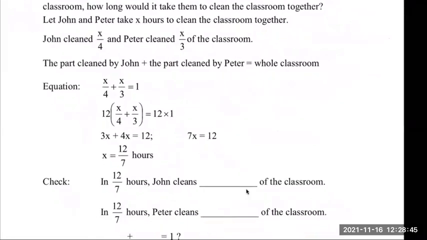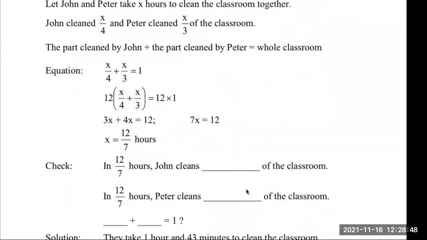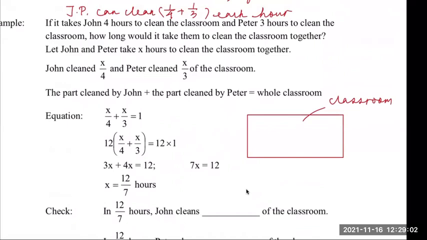Okay, so let's draw a picture here. So let's say this is the classroom. John and Peter can clean 1/4 plus 1/3, which with a common denominator of 12 is 3/12 plus 4/12, which is 7/12 of the classroom per hour, right?